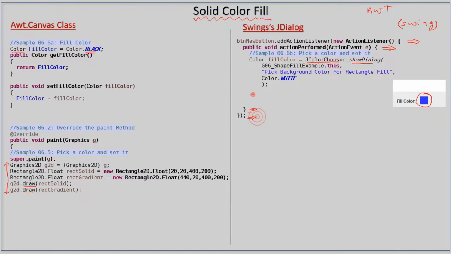And since you know the basics of event handling, here if you see, it's an anonymous inner class, and inside this anonymous inner class we are adding the piece of code, whatever I marked.